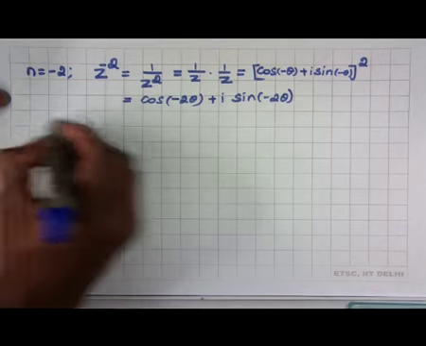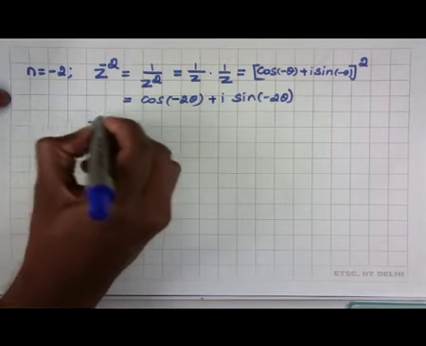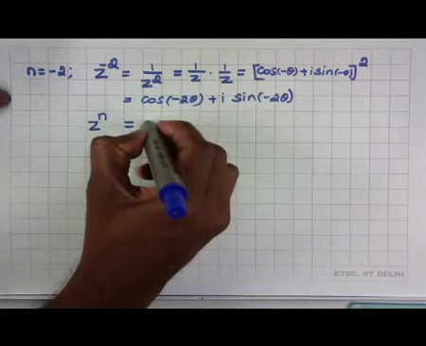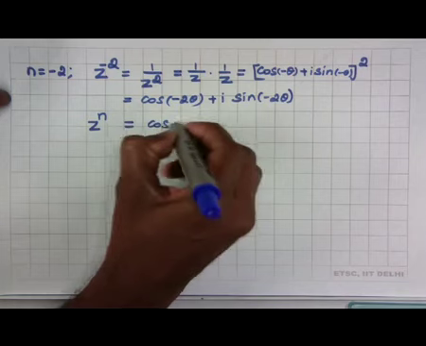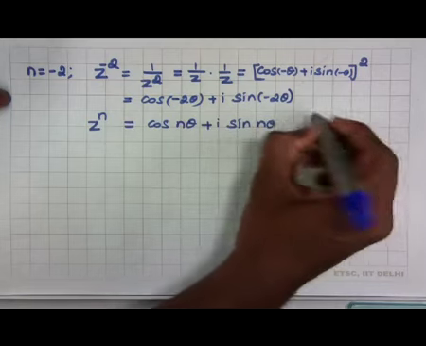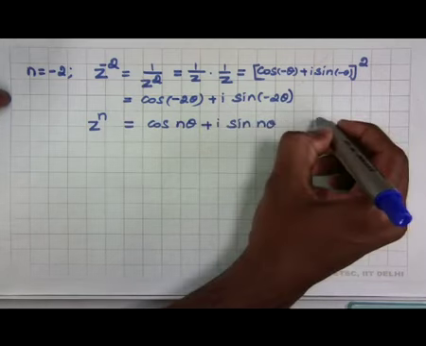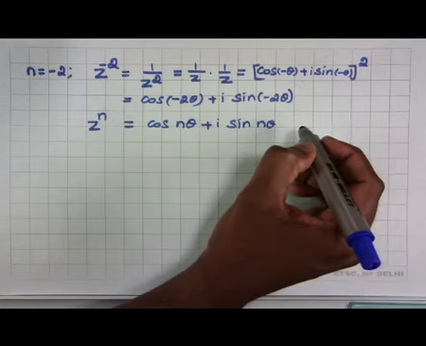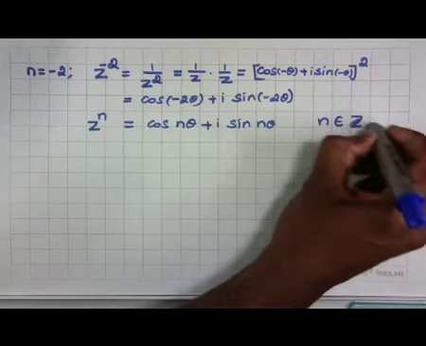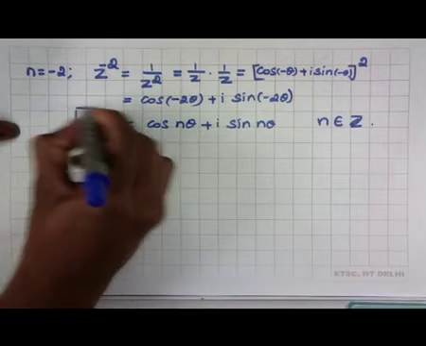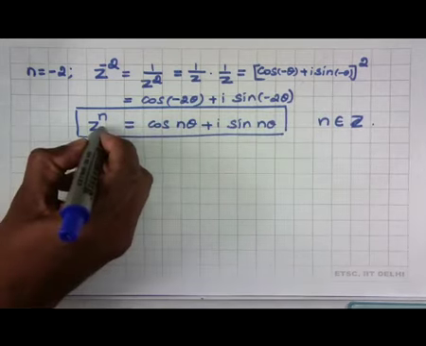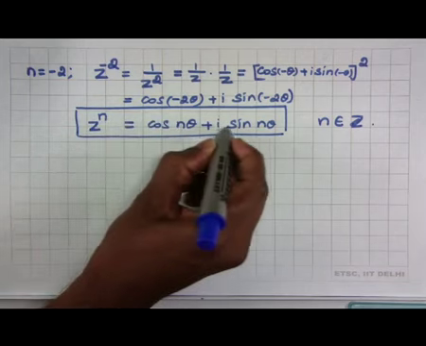So, by induction we can show that when n is a negative integer, it is cos n theta plus I sin n theta. Combining the positive integers we already verified with the negative integers, we see that for n belonging to the integers this relation holds, that is cos theta plus I sin theta power n gives cos n theta plus I sin n theta.